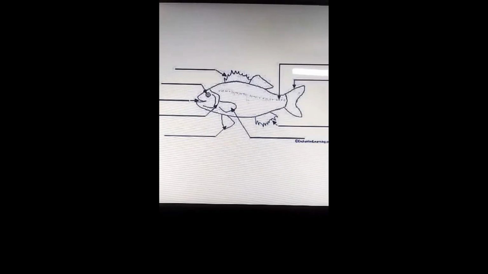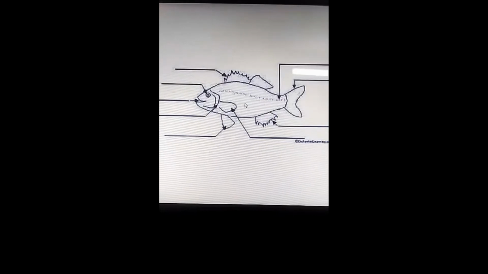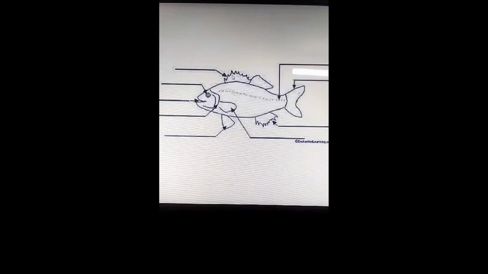So you can solve this diagram, right? What is this? This is the dorsal fin. You also have this diagram in your book, so you can take help from the book. The upper one is the dorsal fin, and this is the eye, the mouth, the gill slits, and this one, the front fin, is known as the pelvic fin, and this one is known as the pectoral fin.